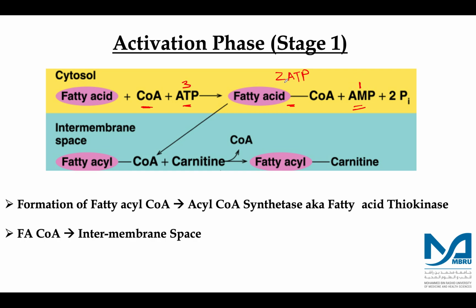So 2 high energy phosphate bonds are broken. Therefore, I have used 2 ATP to convert fatty acid to fatty acyl coenzyme A. The mitochondria, as Dr. Nerissa has already told you, has 2 membranes. So this is the inner membrane, this is the outer membrane.